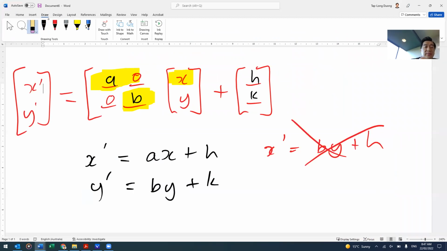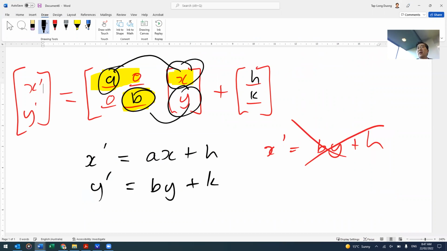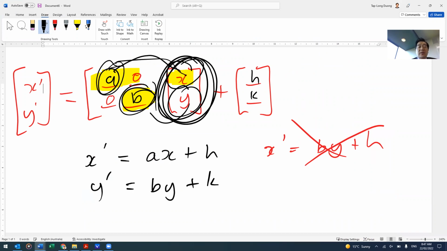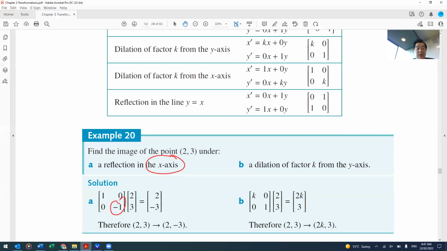When it's like that, if you remember what I showed you in my example, without getting too messy, this number multiplies to the x, this one multiplies to the y, okay? So if you just replace this matrix here with the set of coordinates, it'll be exactly the same thing. So whatever number is here, just times it straight to the x. Whatever number is there, times it straight to the y. If it's a set of coordinates, same thing again.